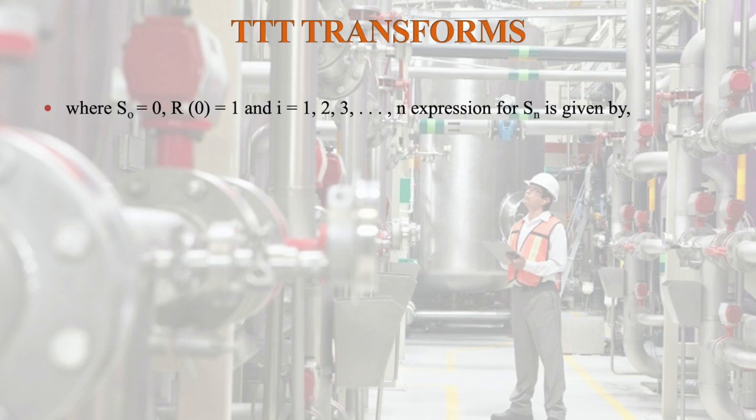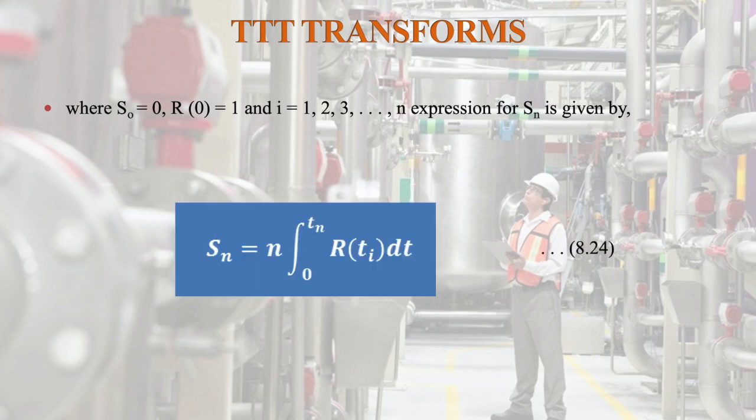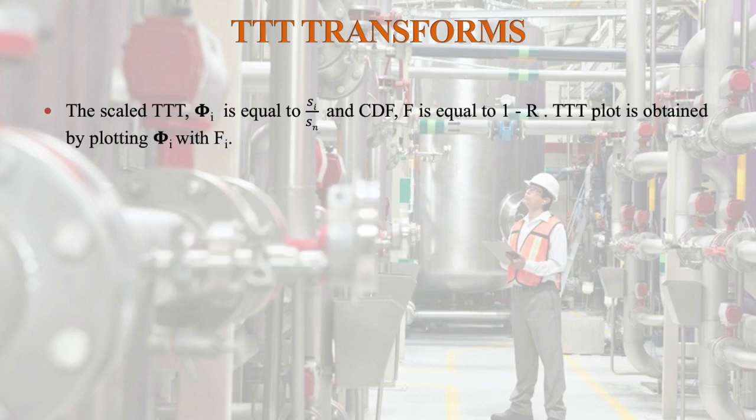The expression for Sn is given by Sn = n integral 0 to Tn R(t) dt. The scaled TTT is phi i = Si by n, and CDF F = 1 - R. The TTT plot is obtained by plotting phi i with Fi.